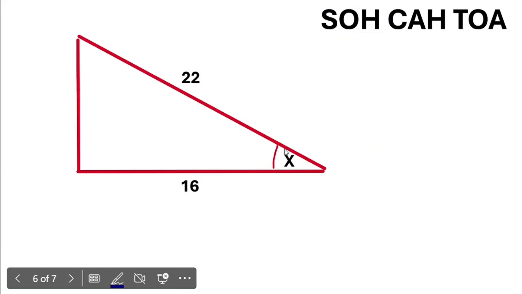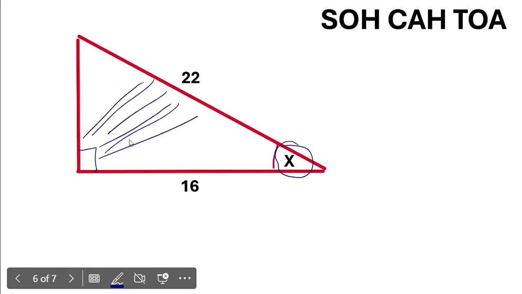Now I want to find x. Here we have x. Here we have the right angle. Here we have the hypotenuse, the side opposite the right angle, and the side next to x, adjacent, and here we have opposite.